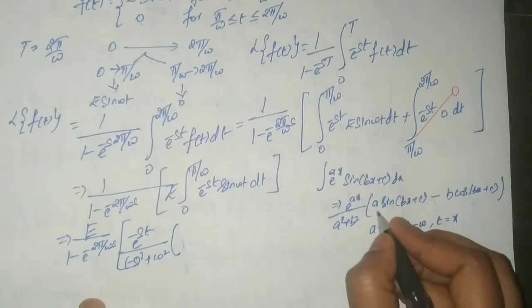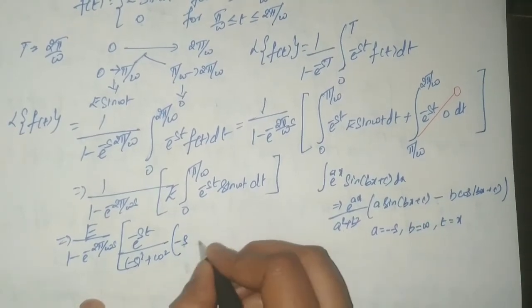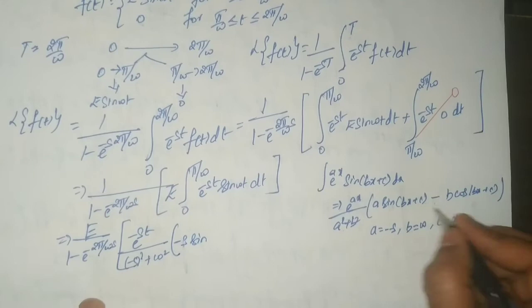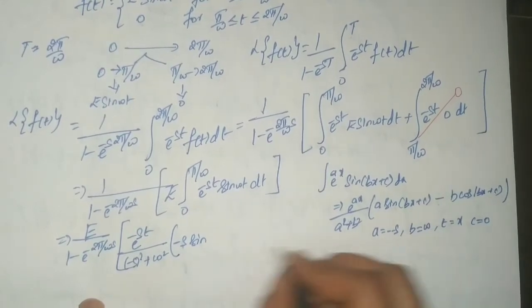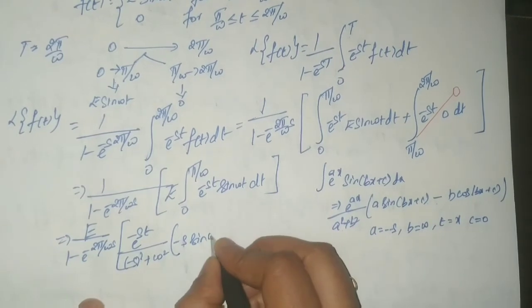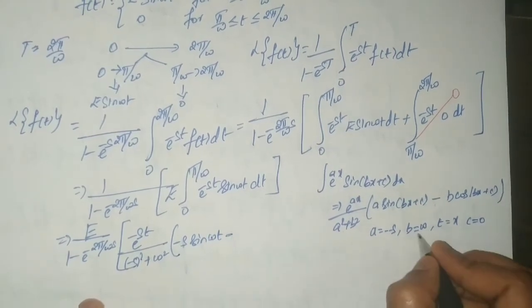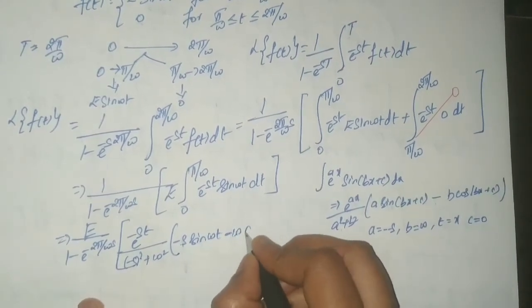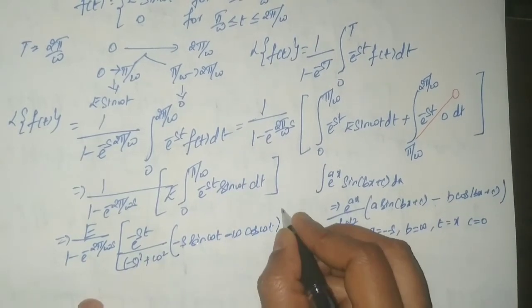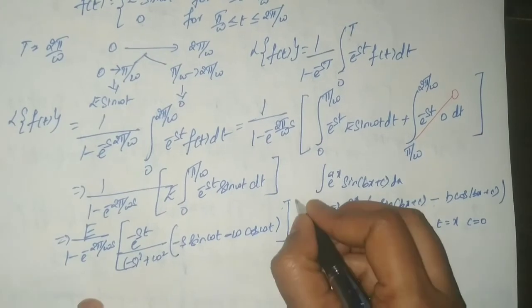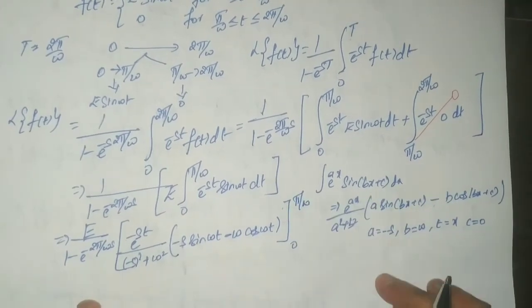Omega square into a is minus s sine bx plus c. C is not given, so c is 0, and b is omega, t is x, so it's omega t minus b is omega cos omega into t. That's it. Take the limit from 0 to pi by omega.